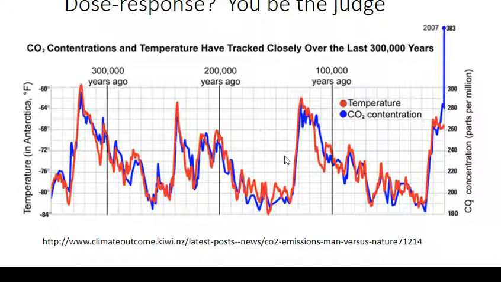CO2 is in blue, red shows the temperature. They look like they're in pretty large lockstep, right? So high concentrations of CO2, high temperatures. Low concentrations of CO2, low temperatures. Okay, wow. Looks pretty convincing in terms of a dose response. And besides, we know the physics behind it.